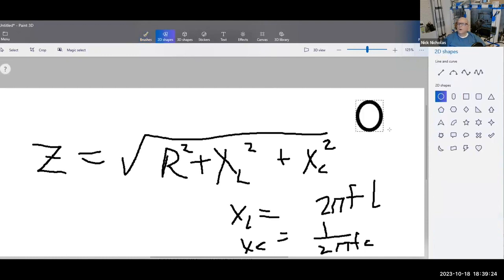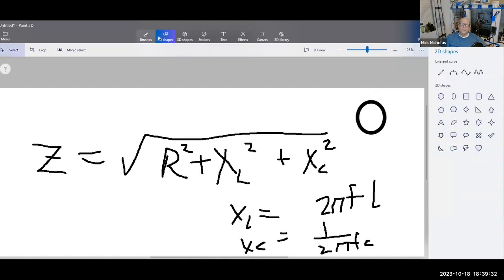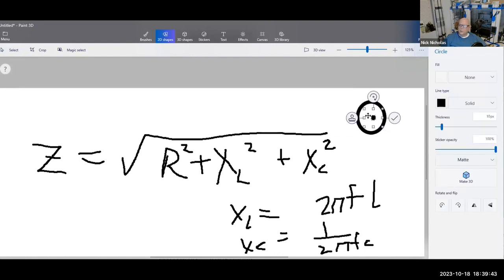Coax has an outer shield and it's got an inner conductor. Now the inner conductor travels down the middle, should be centered.